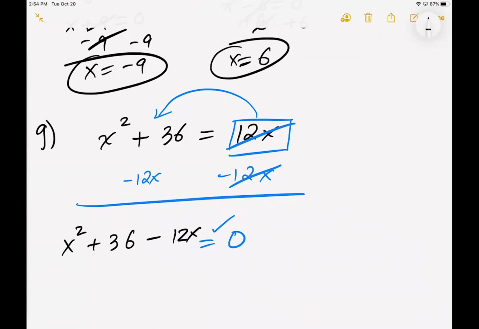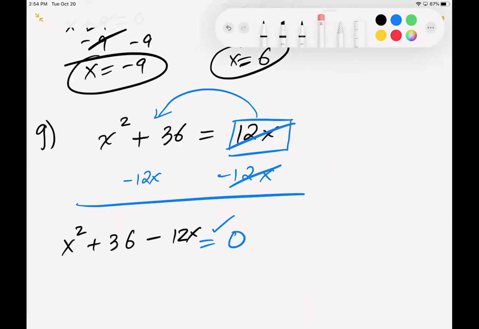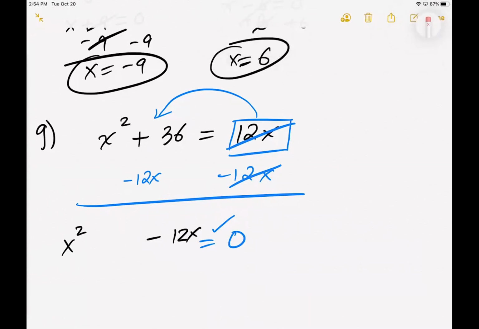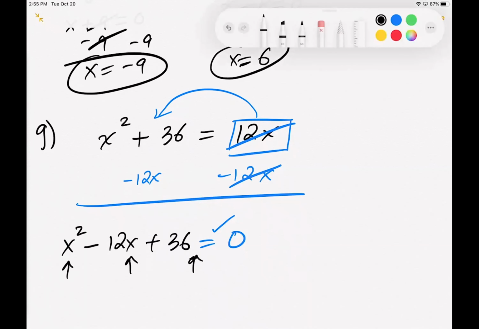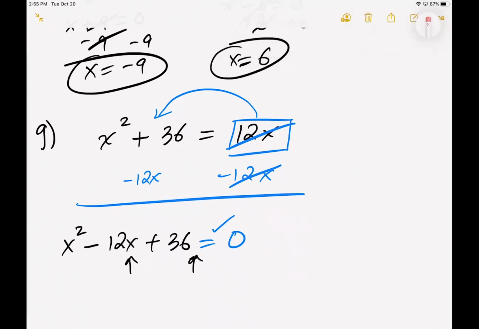Hopefully you don't do that on your test. What you have is x squared minus 12x plus 36 equal to 0. You have to put the x squared first, the x in the middle, and the constant at the end. You need to put them in descending order, meaning the highest exponent, then the one less.